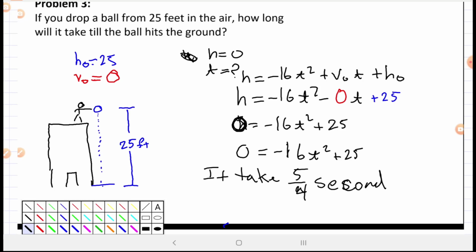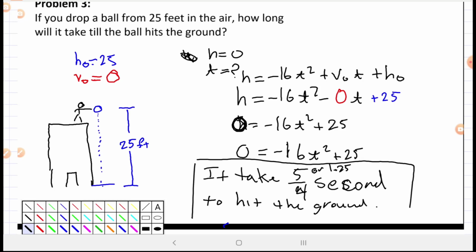Or if you want to write it as 1.25, so a second and a quarter, 1.25 seconds to hit the ground. Okay, done. Easy. We don't need a negative answer, we only need the positive one. So here's the answer for problem number 3.